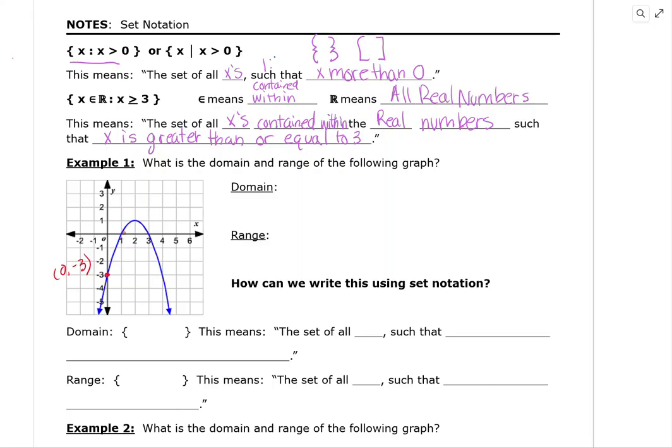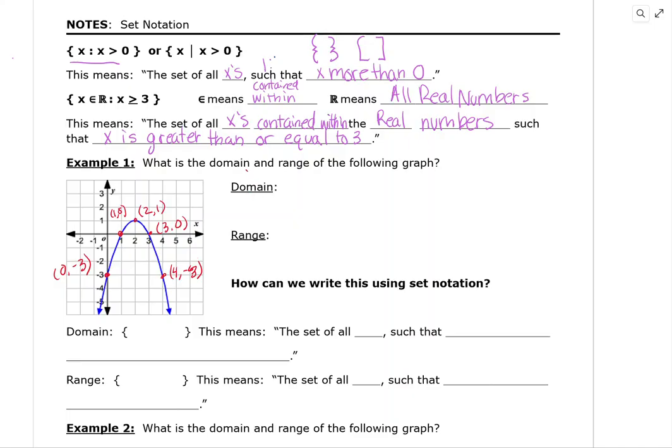I also have a point here at 1, 0. Here at 2, 1. Here at 3, 0. And here at 4, negative 3.